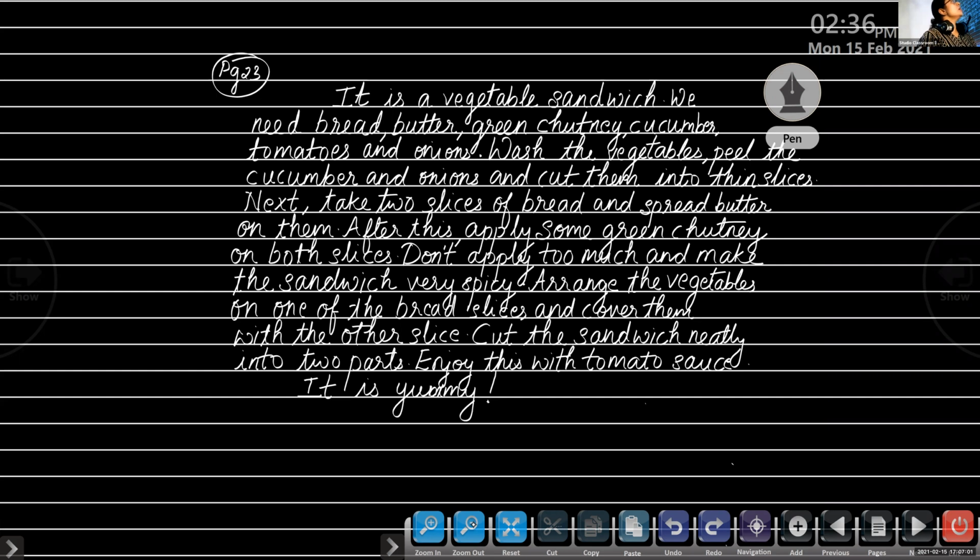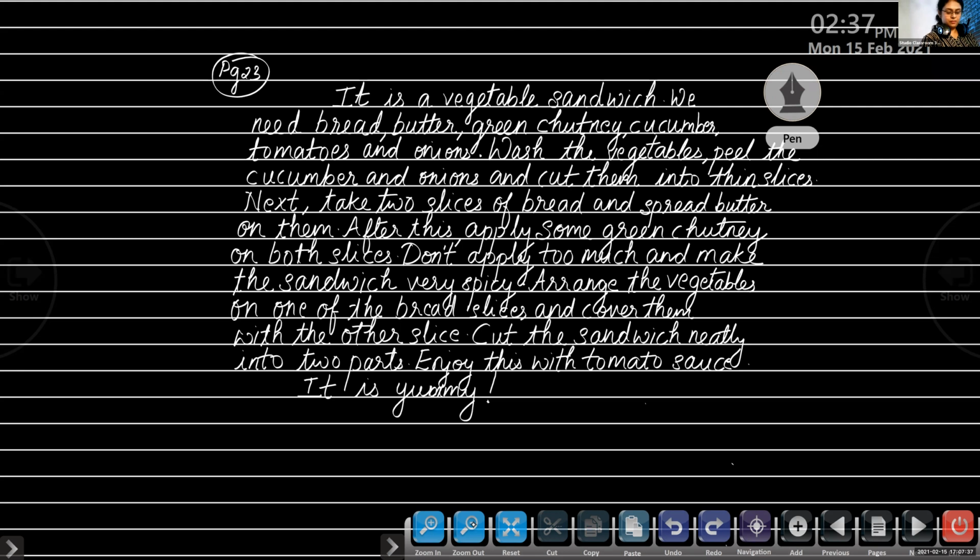Cucumber. Again, cucumber. Tomatoes, onions. Not onions, it's onions. Yes. Wash the vegetables, peel the cucumber and onions, and cut them into slices. Thin slices, right? Thin slices.